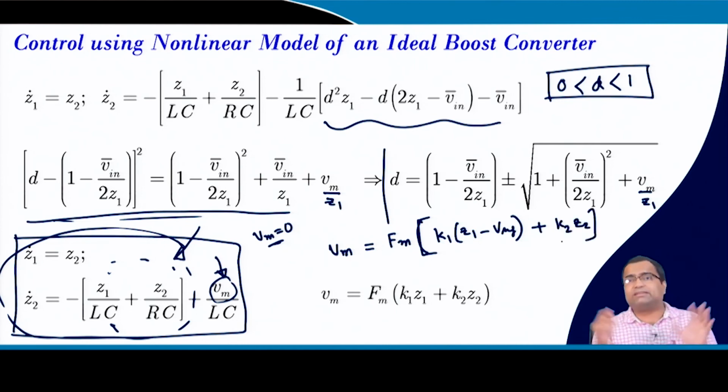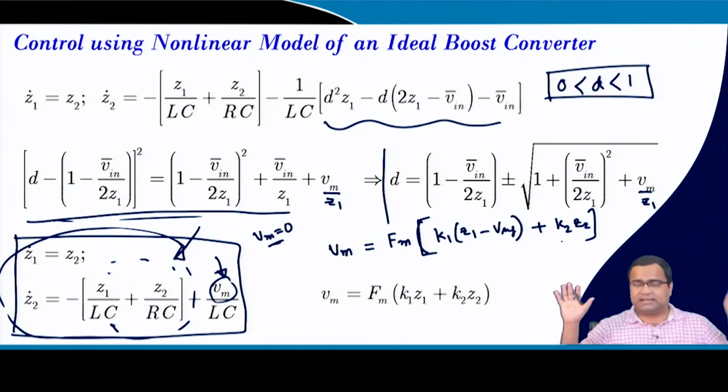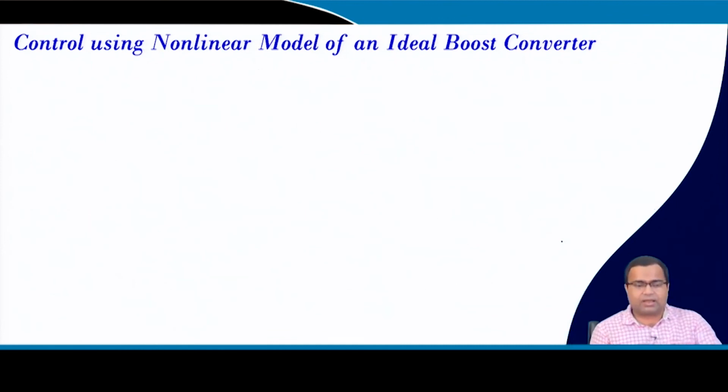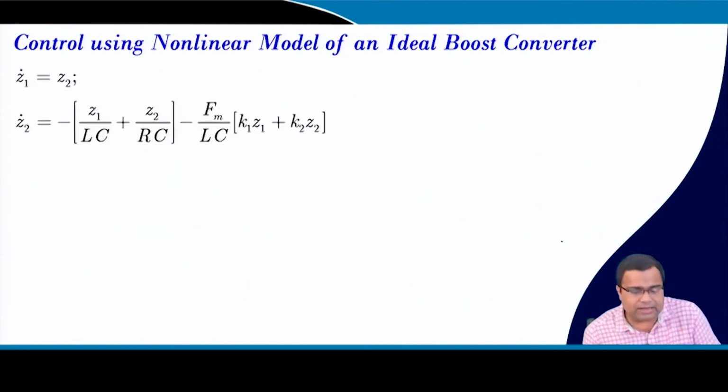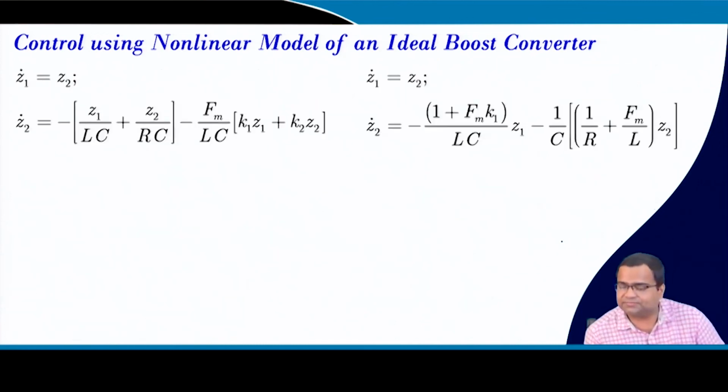Why Z2? Because the derivative of the output voltage should be 0 at steady state in the average sense. And what is the modulator gain? Because we are implementing this control logic, there should be a reference voltage.